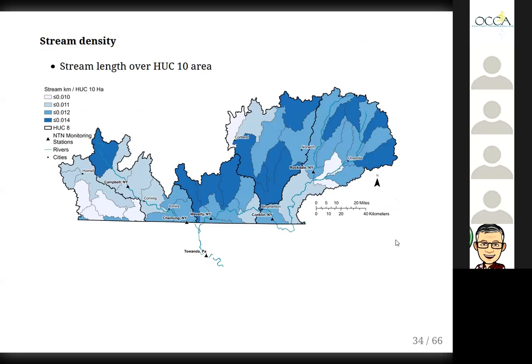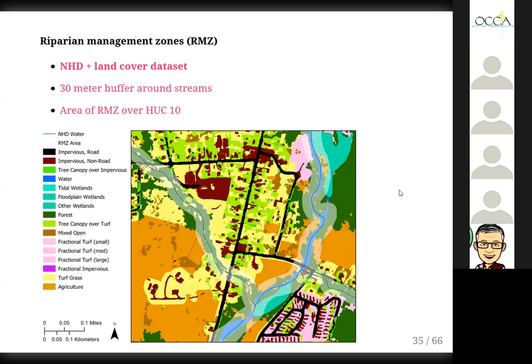So this is just the stream kilometers over the HUC-10 area, hectares. So this gives us a density of what HUC-10s have the greatest amount of streams, is the darker color. And for our analysis, we looked at the NHD land cover data set and then created that 30-meter buffer around the streams.